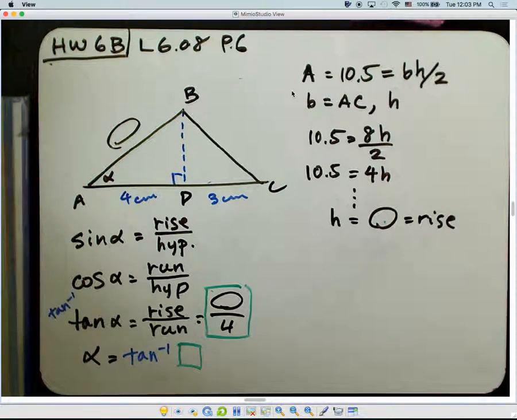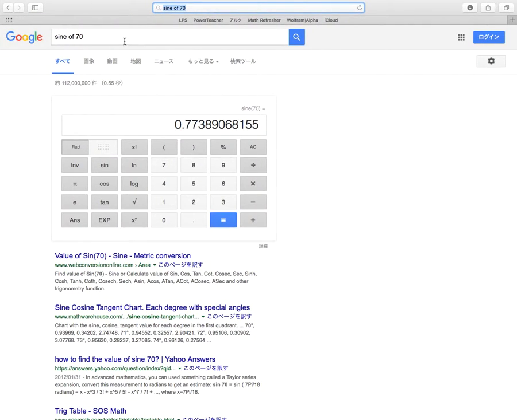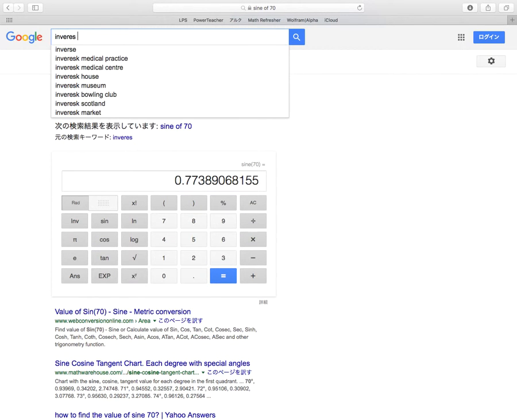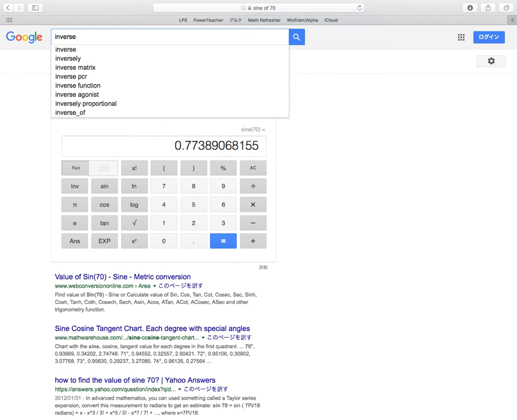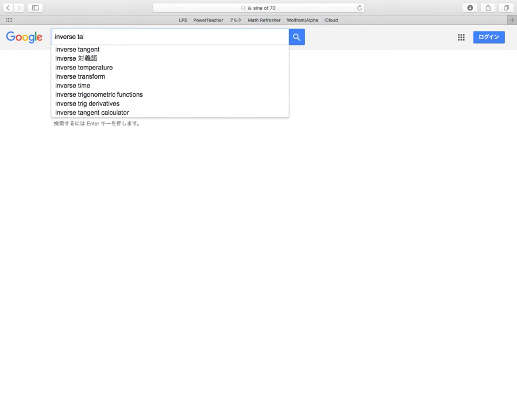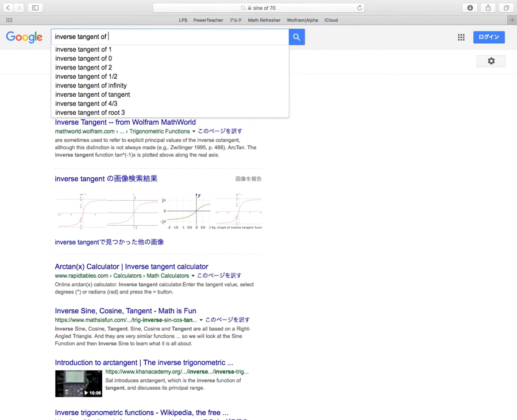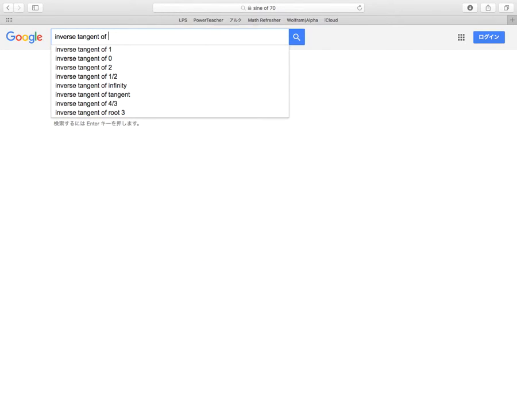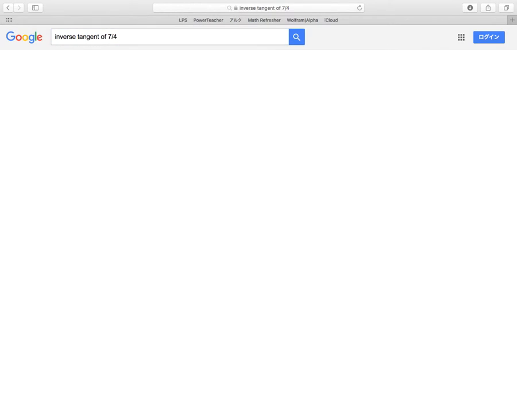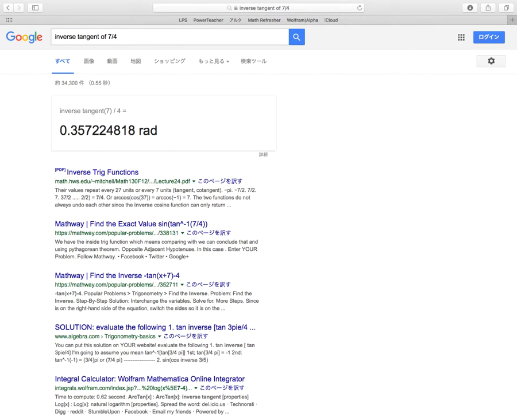If you don't have a calculator, what you can do is, for example, you can do inverse tangent of whatever number you get. So, for example, if it's 7/4, then it's going to give you that.